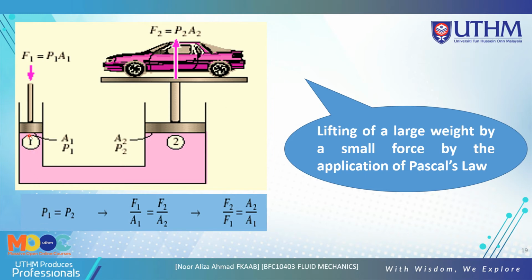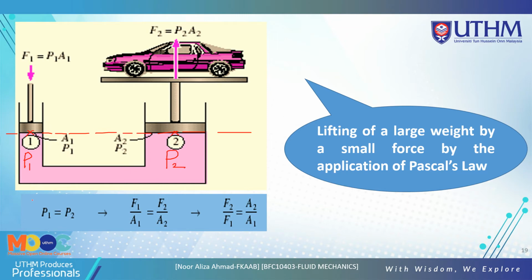We know that at the same level, this is the concept of Pascal's law. This part here is at the same level, so that's why we put point 1 here and point 2 here, the pressure at point 1 and pressure at point 2.